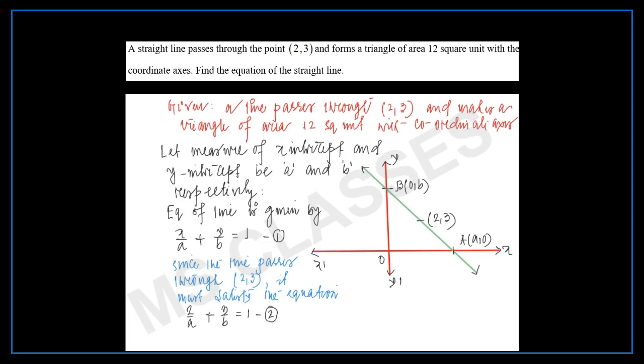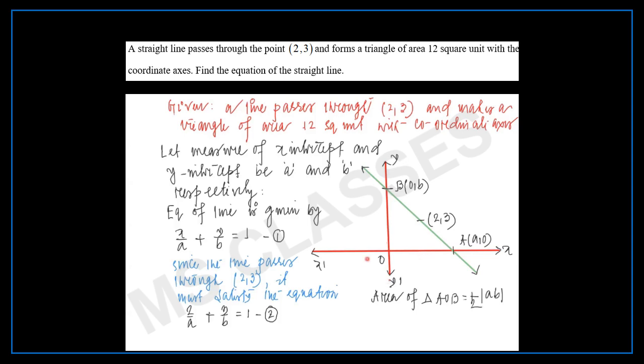Now another information is given, that the area of the triangle is 12 square units. So we can say area of triangle AOB equals half of mod AB. Why mod? Because we don't know whether the intersection is in the first quadrant, or first, fourth, or second, third.